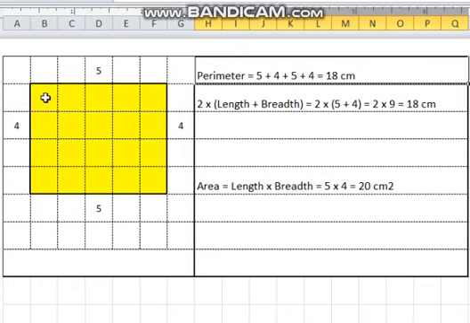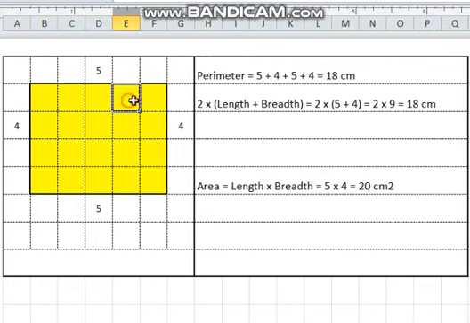You get the 20 by counting the small squares inside the perimeter line of the rectangle. So you see 1, 2, 3, 4, 5, 6, 7, 8, 9, 10, 11, 12, 13, 14, 15, 16, 17, 18, 19, 20.